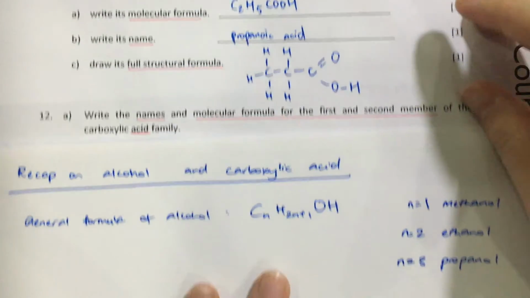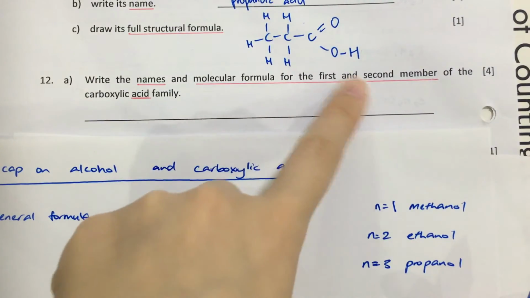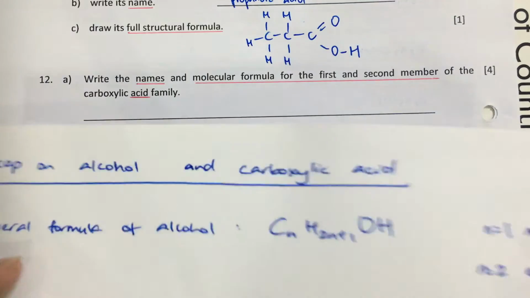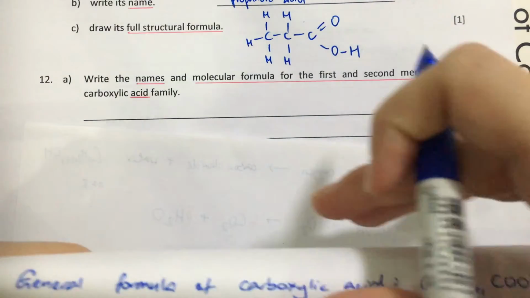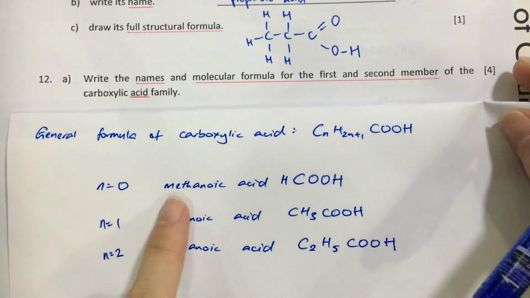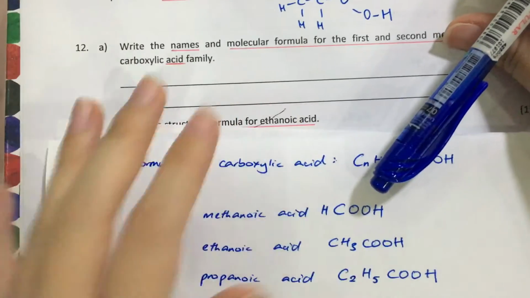Okay, so if you do the same for the next one, write the name and molecular formula for the first and second member of the carboxylic acid. So we'll be talking about this one here. First member is n equals 0, second member is n equals 1.